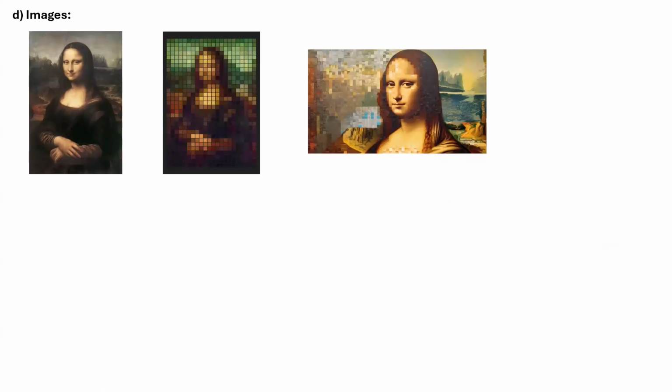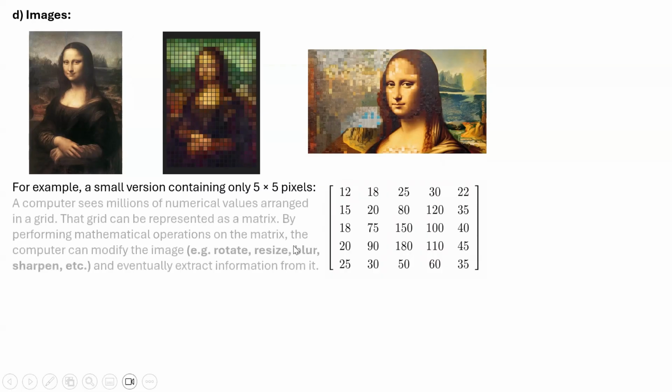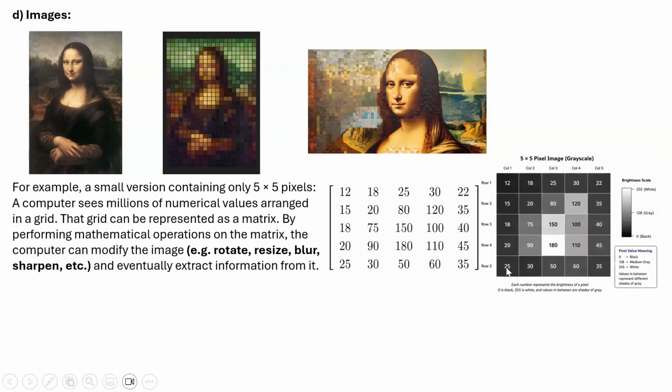Then image, let's say. Here you can see a picture of Mona Lisa, but there is another scene behind it. So for example, let's pretend this is a smaller version that has 5 by 5 pixels, okay? And this is the 5 by 5 matrix. There are some reasons behind those numbers I'm going to tell you now. Computers mainly see millions of numerical values arranged in a grid, simply like this.